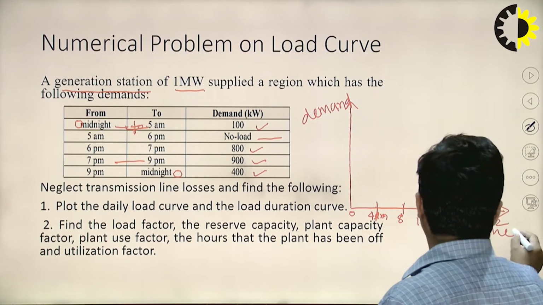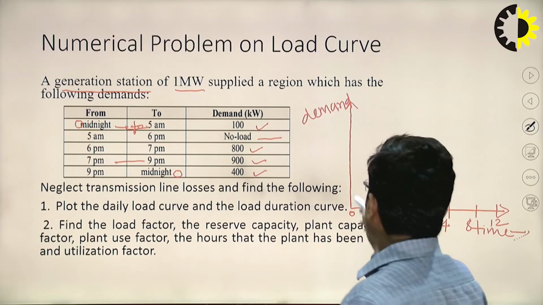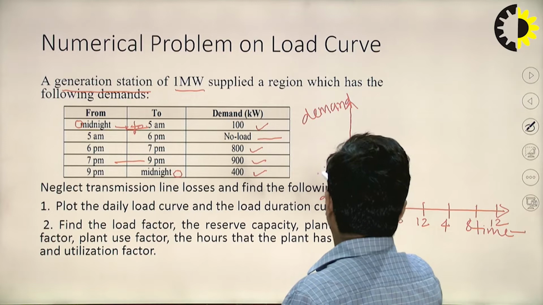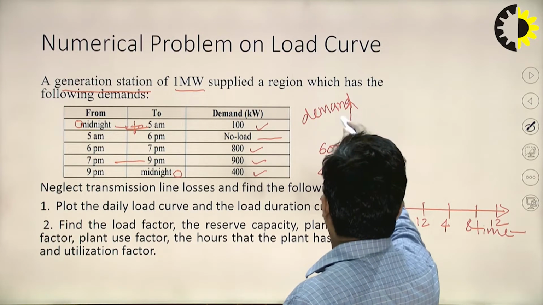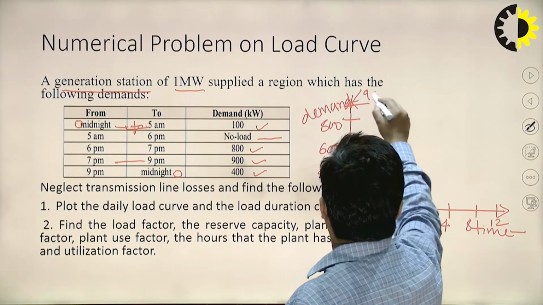So this is the time, and the maximum demand is 900. So we divide the demand axis as 200, 400, 600, 800, and 900 is somewhere here.